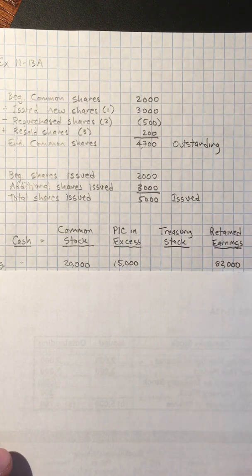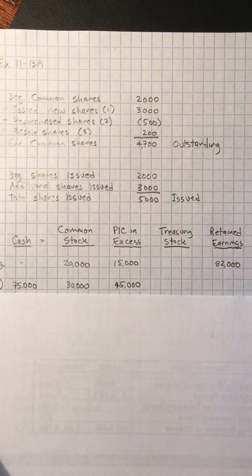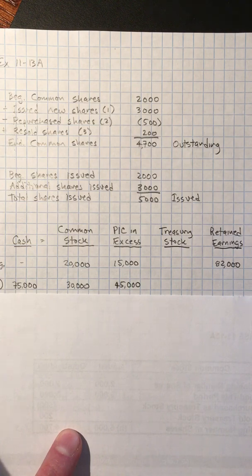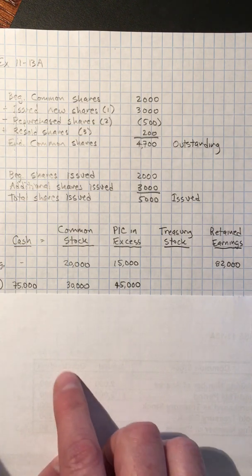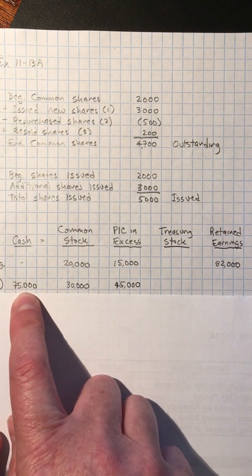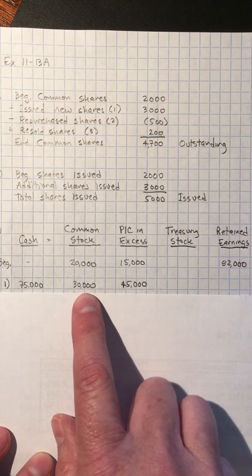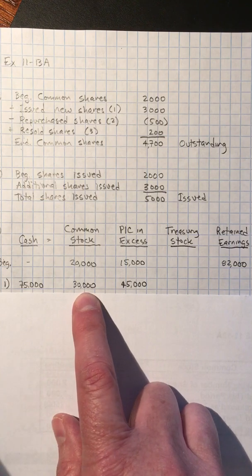So transaction 1, where I issue shares, the exact language, I issue 3,000 shares of $10 par common for $25 per share. So I'll receive 3,000 times 25. I'll receive $75,000 in cash, and I will increase common stock by the par value of those shares.